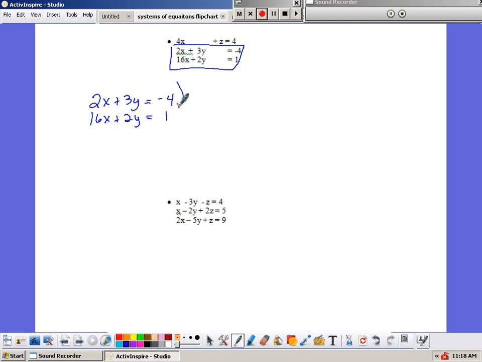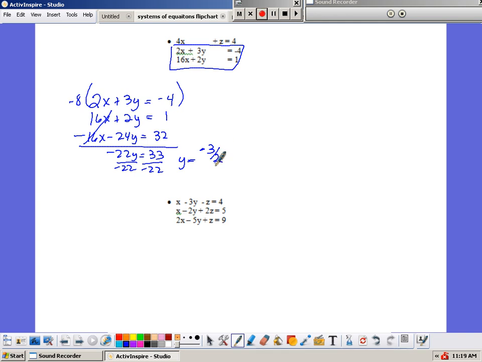I'm going to multiply the top one by negative 8. Negative 16x minus 24y equals 32. The 16x's drop out. I get negative 22y equals 33. Divide by negative 22. Y is equal to negative 3 over 2.